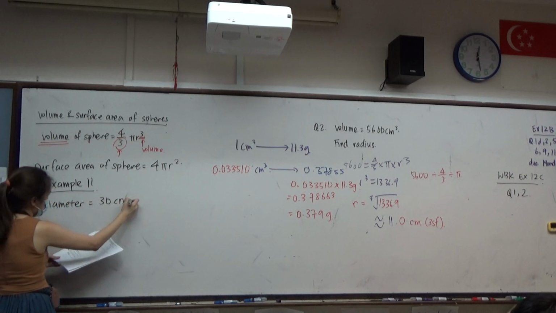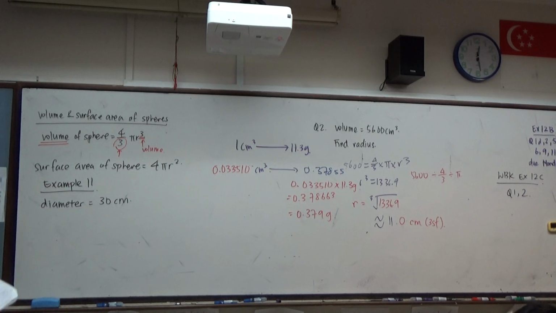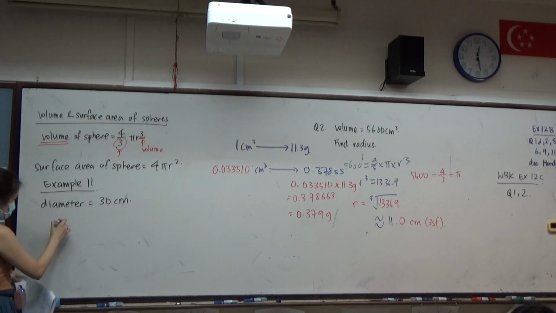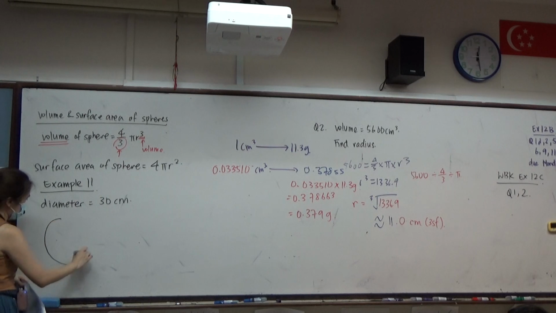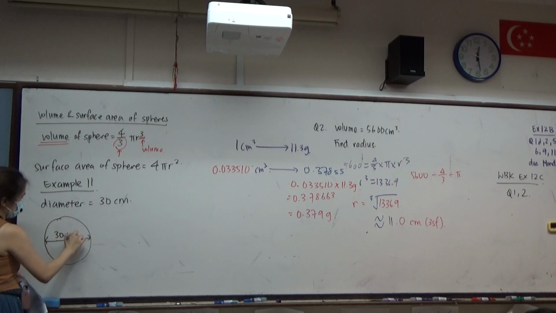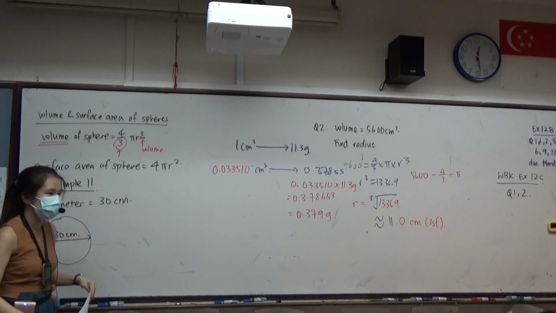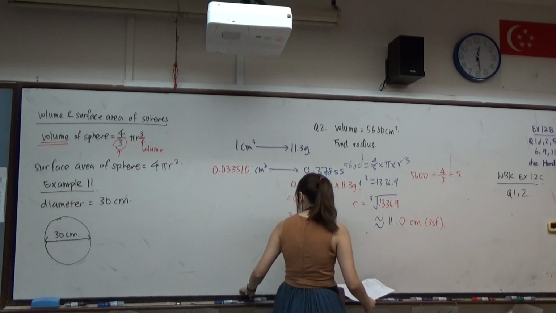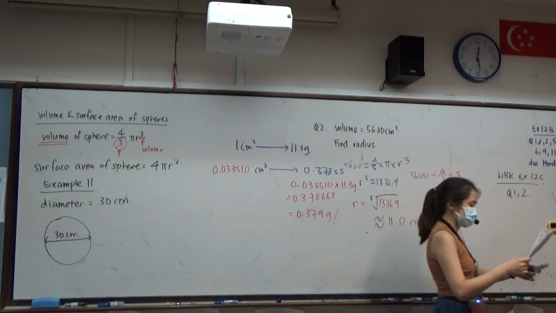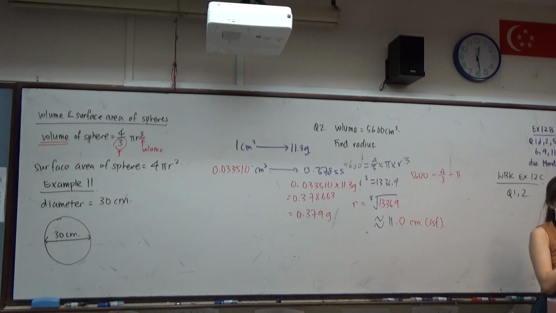There is a solid sphere that is 30 cm in diameter. We want to find the surface area of the sphere. So how do we find this surface area?